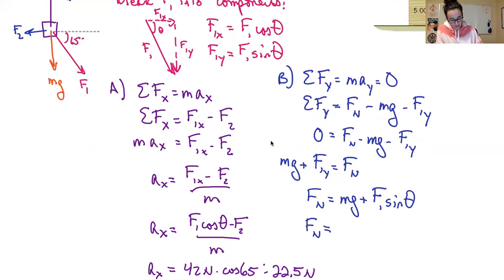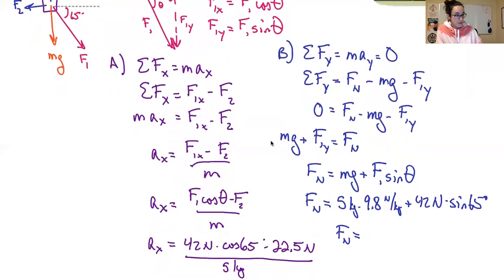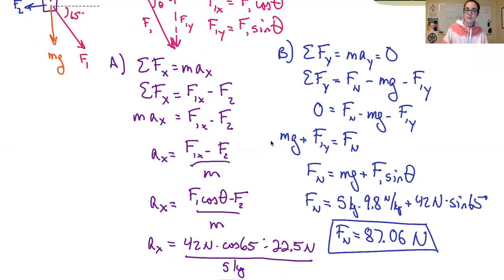Okay, so it was 5 kilograms times 9.8 newtons per kilogram plus F1, 42 newtons, times sine 65. Plug that in, I got 87.06 newtons. All right, so that's it.